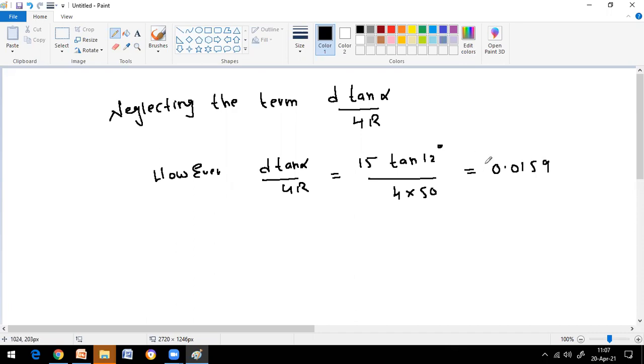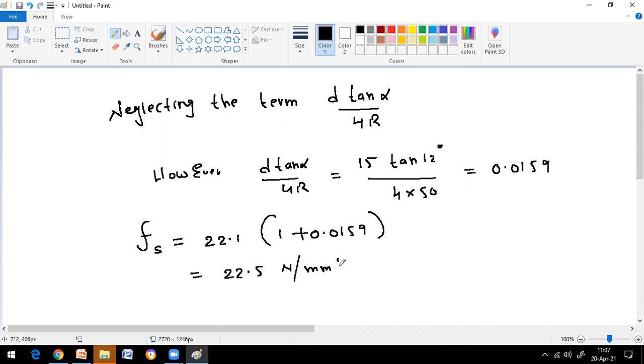From this you can calculate the shear stress. The final shear stress with respect to the torque is equal to 22.1 times of 1 plus 0.0159. So finally the shear stress will be 22.5 Newton per mm square.